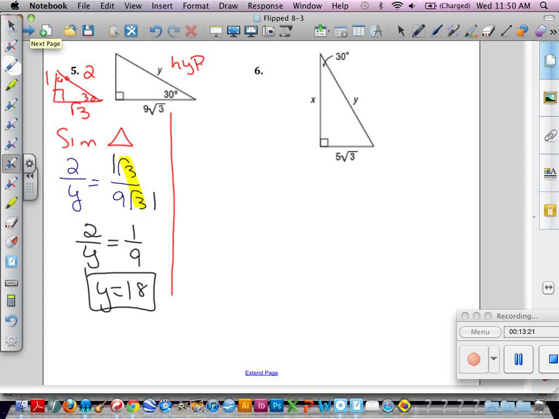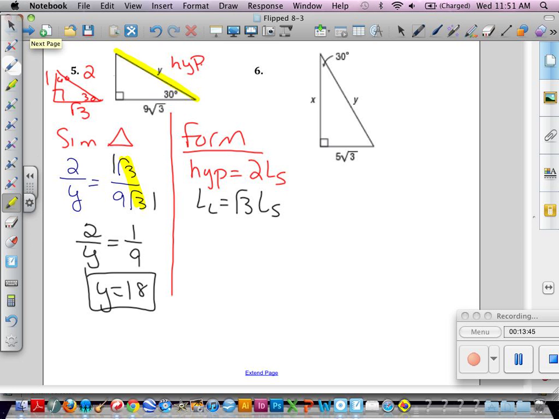If you want to use the formula method, you got hypotenuse equals 2 short legs, and you've got long leg equals square root of 3 times your short leg. You're looking for your hypotenuse, so you got to use your hypotenuse formula. You need the short leg in order to do that formula.